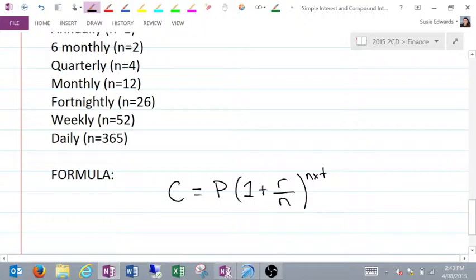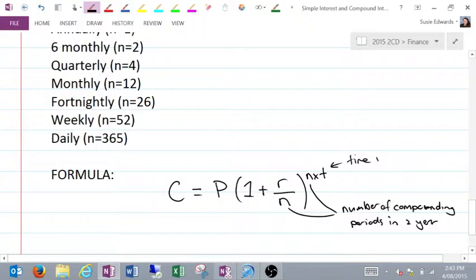All right, so N, what does N mean again? Okay, number of compounding periods in a year. What's T mean? Time in years. Do we need to label them if they're the same as simple interest? Okay. Time in years. I was expecting you to say no, but anyway, time in years.